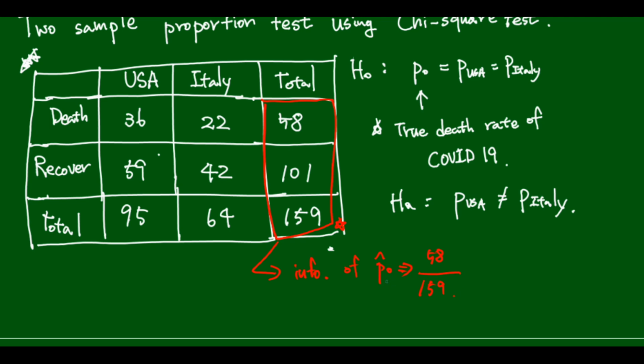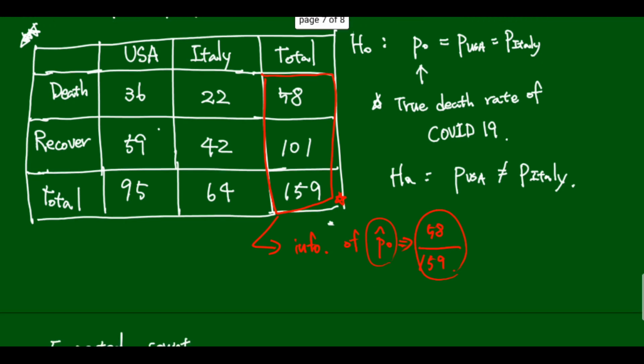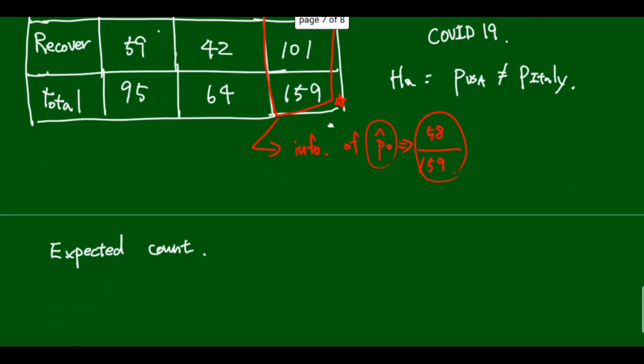So if I want to estimate the true death rate of COVID-19, I would use this number. This is the theoretical death rate of COVID-19, and the number of observations for USA was 95, right?